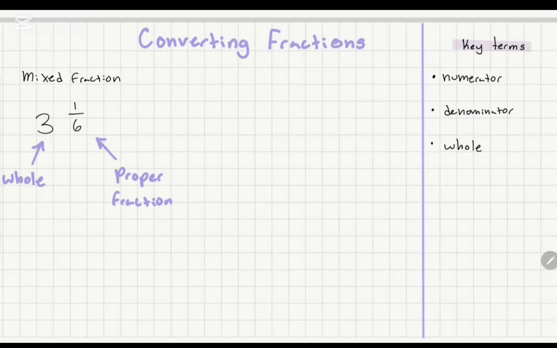Another example of a mixed fraction could be 10 and 1/2. It could be 1000 and 6/20. Notice how in each of these I have a big number, our whole number, and a proper fraction.